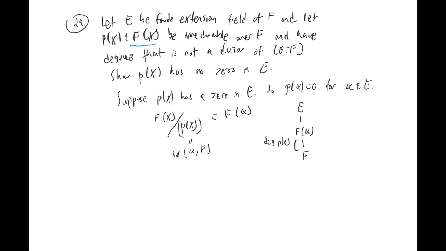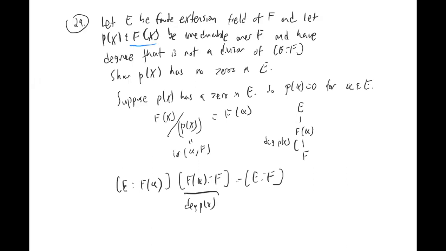What's the contradiction? Yeah, again, tower law. So the degree of E over f of alpha times the degree of f of alpha over f equals the degree of E over f. This is the degree of p of x.